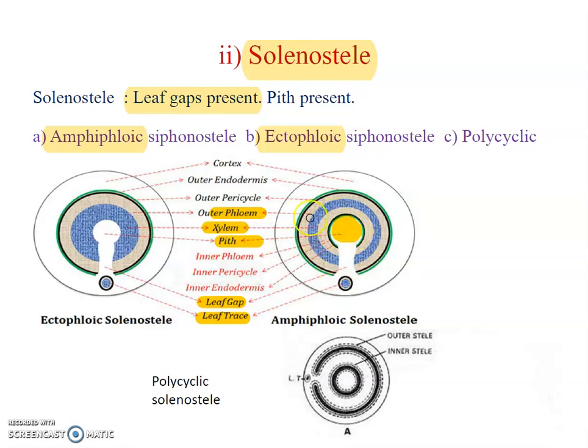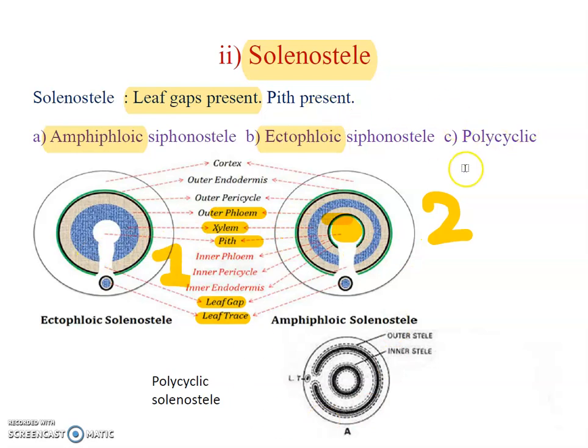Pith is surrounded by the phloem, then phloem surrounded by the xylem, and xylem surrounded by phloem. So in the amphiphloic there are two layers of phloem, and in the ectophloic there is only one layer of phloem. So this is the difference.